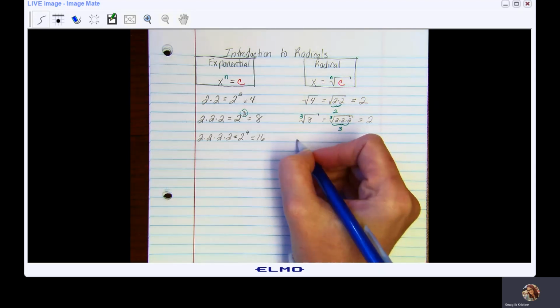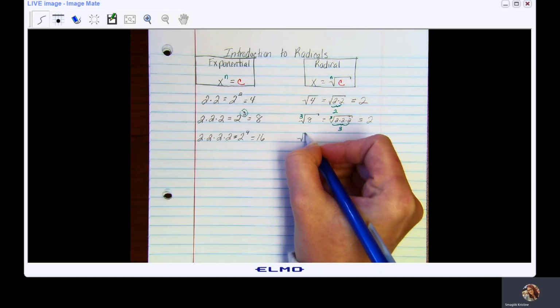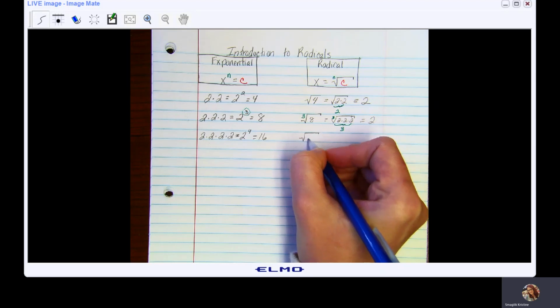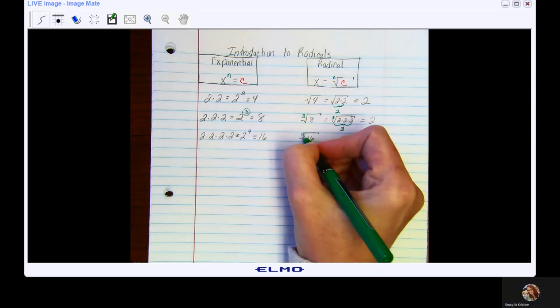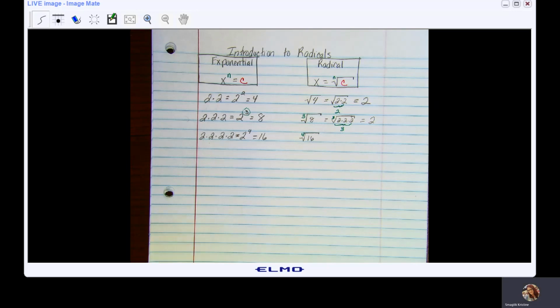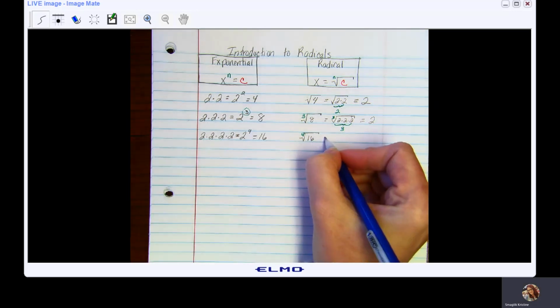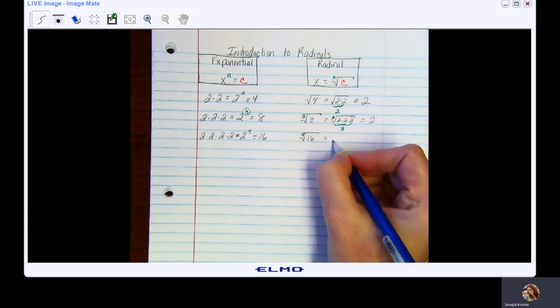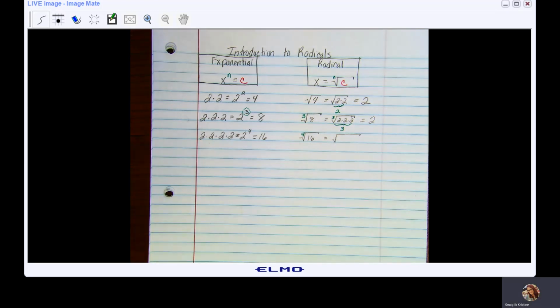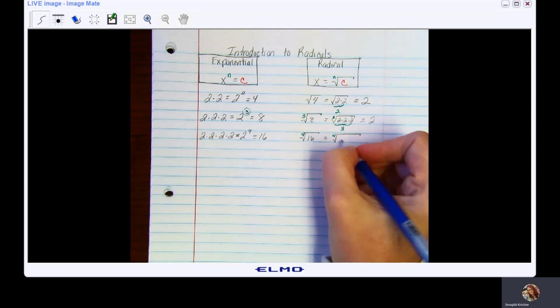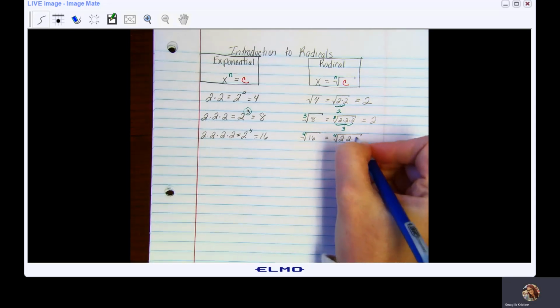Now let's take the 4th root of 16. Let's put this in radical form. Let's go the other way. And my index here is 4. Well, as we just saw, you can break down the 4th root of 16. Sixteen is 2 times 2 times 2 times 2.